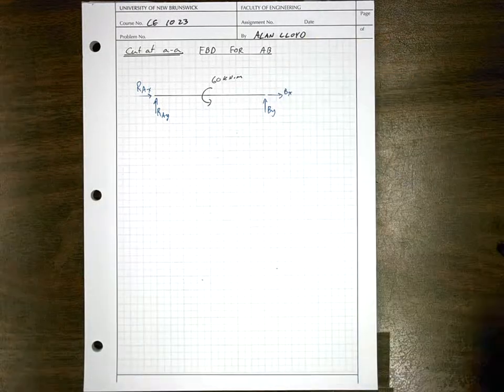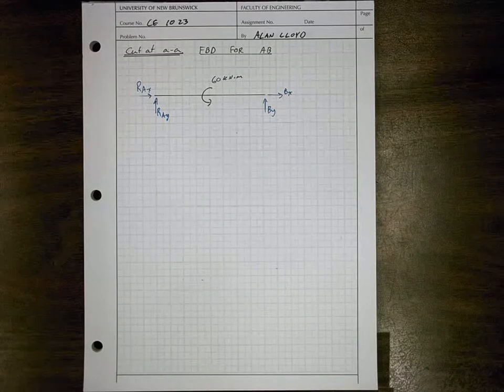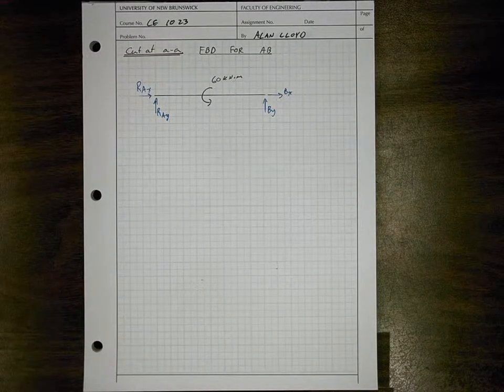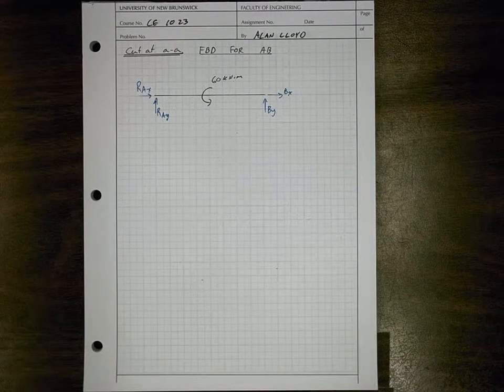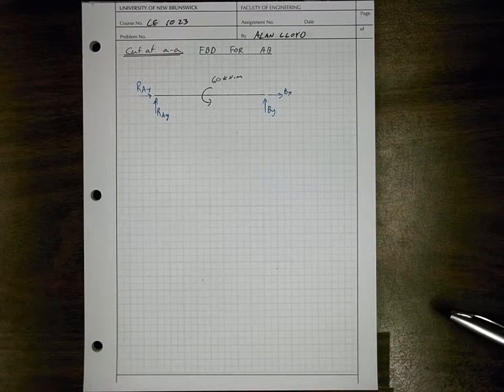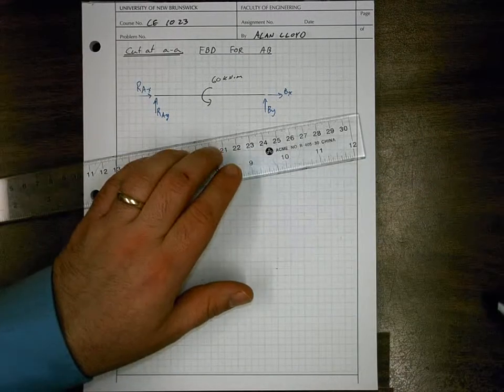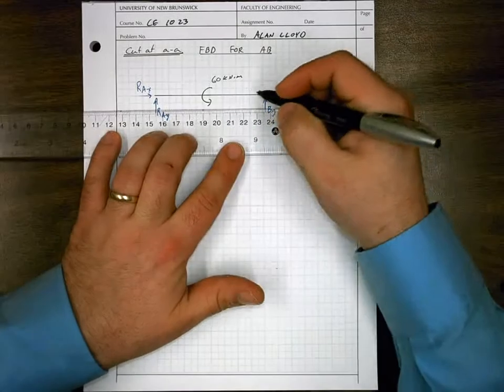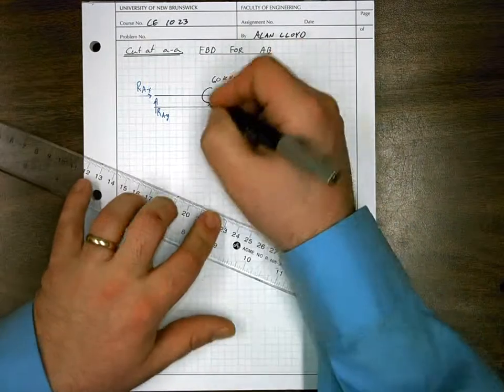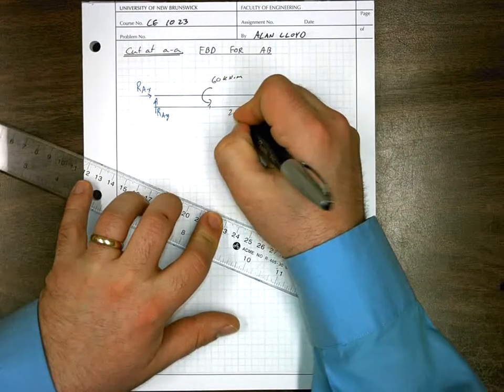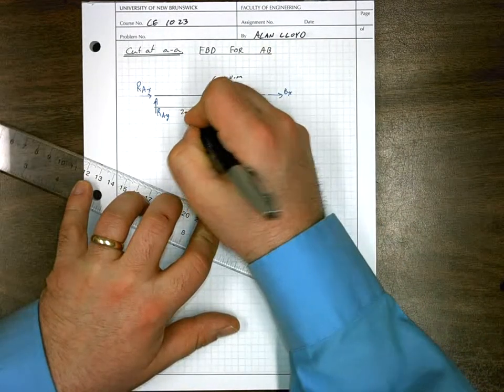Now recall that at the location of an internal pin, we have two member forces, X and Y forces. If it was a fully rigid joint, then we would also have a moment, but the pin releases that moment. And I suppose we should add our dimensions to this. We are at 2 meters and 2 meters.